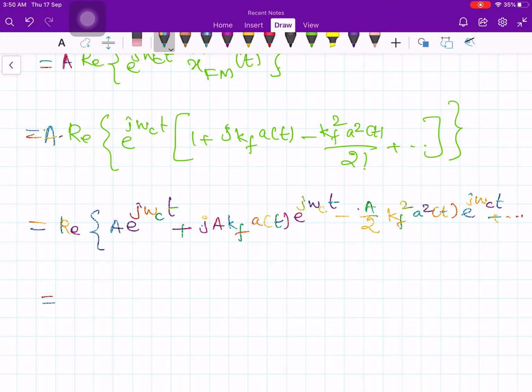Now take the real part of this. This becomes A cos omega ct, and here, because e to the j omega ct is cos theta plus j sin theta, and that j sin theta is multiplied by j, we get a minus sign, minus A kf a of t sin omega ct, and the next term has 1 by 2.